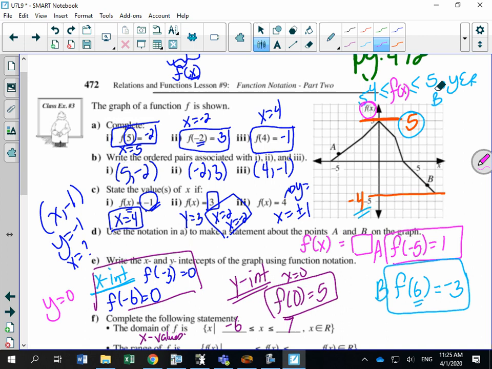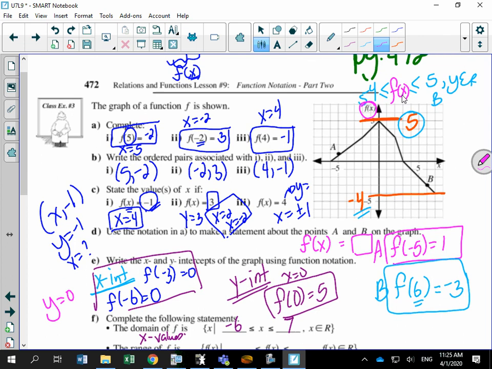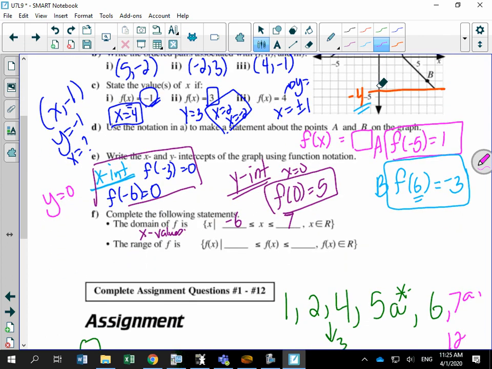So this is how we could write our range. And you don't need to write your range using f of x in grade 10, but in Math 20-1 and 30-1, students who write their range and have f of x here, they have sort of an even better understanding than students who write y. Okay, so my range, the biggest y value is 5, and the smallest y value is -4.